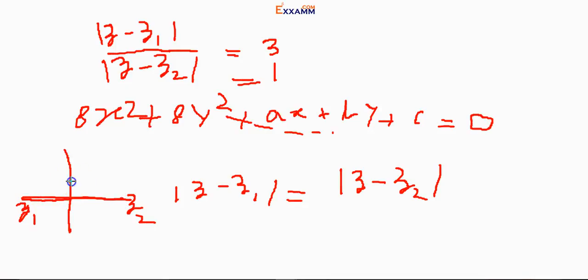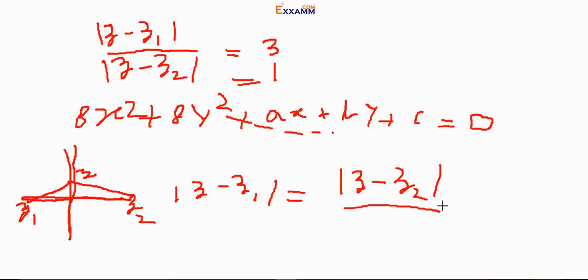When z is going in such a way that this distance is equal to this, where would z lie? z would lie on the perpendicular bisector of the line joining z1 and z2 if modulus of z minus z1 is equal to modulus of z minus z2. So this is very important, and we will have many applications of this in various examples.